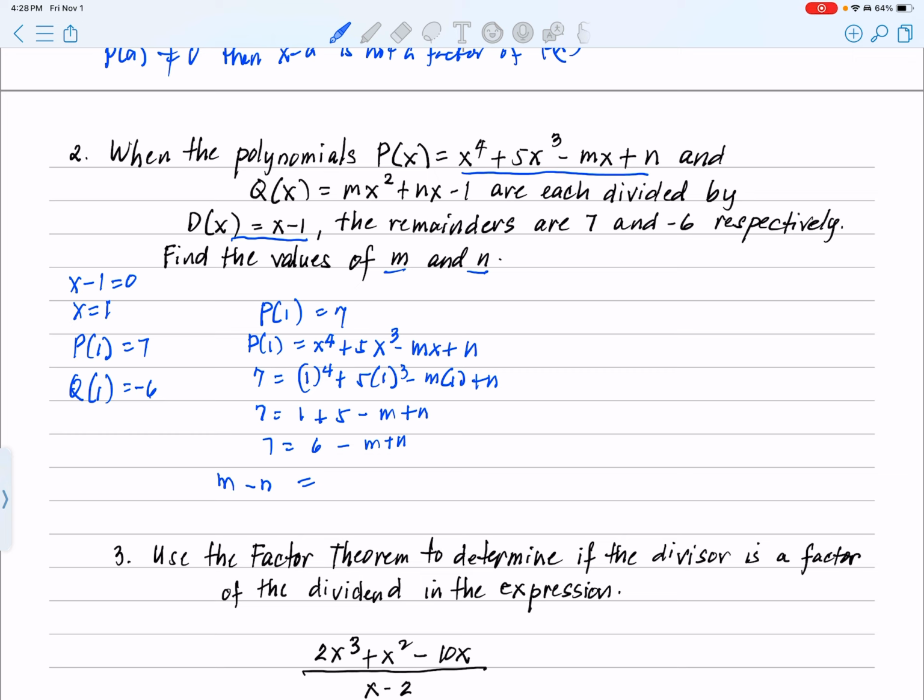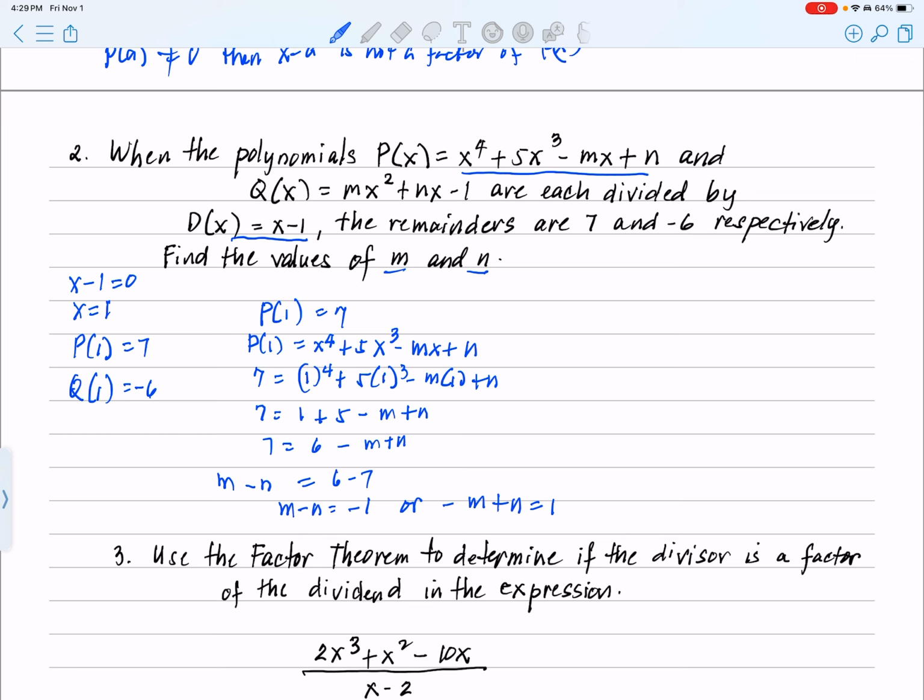That would be 6 minus 7. M minus n equals negative 1. Or we could say negative m plus n equals positive 1. All right, we can make that as the equation.